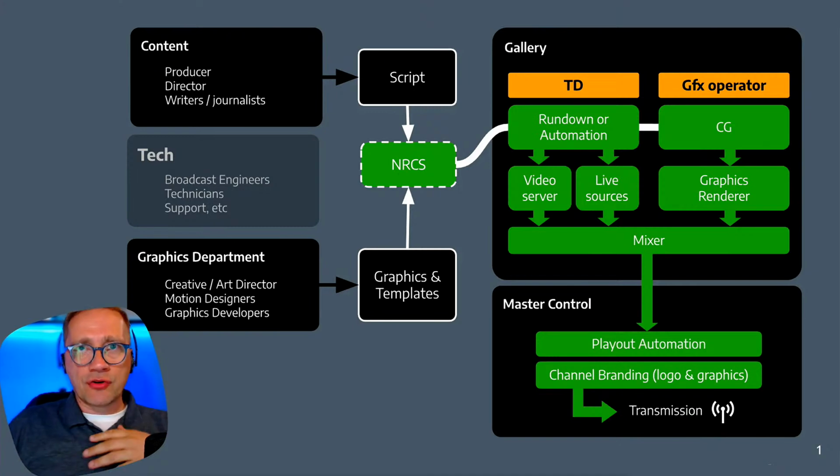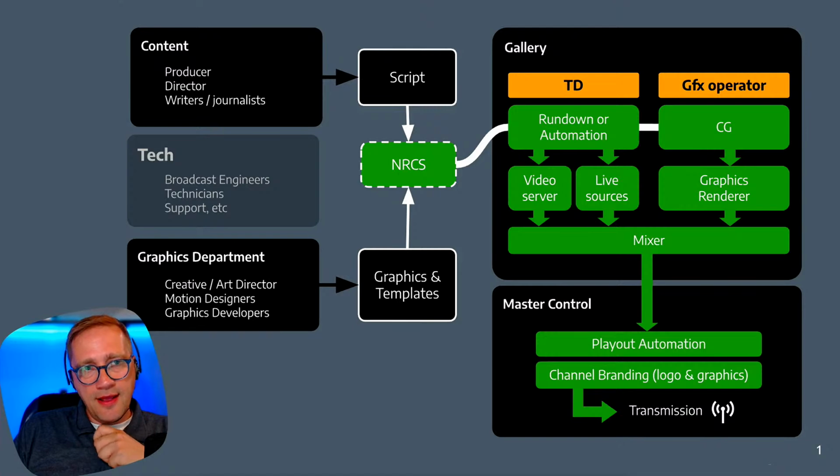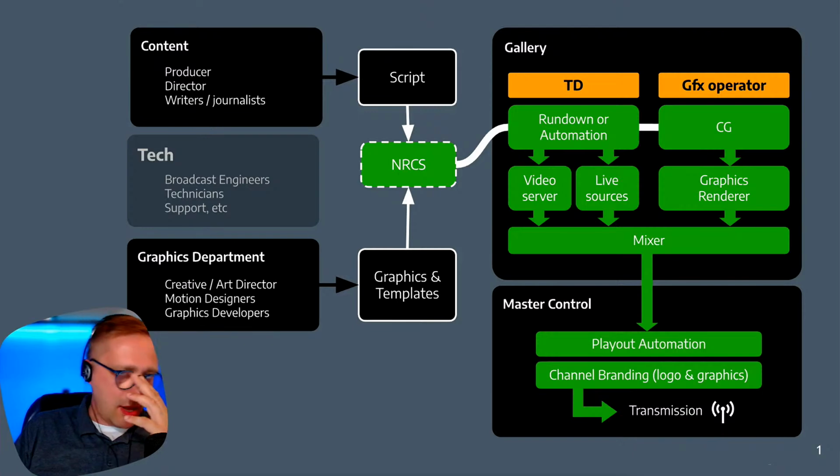That happens in the master control room, and then it gets sent out. So this is the workflow in a broadcast sense. When we are talking about live streaming, of course, it's going to be simpler. It's not going to have all these roles, but it's good to keep this in mind as we go forward in this discussion.